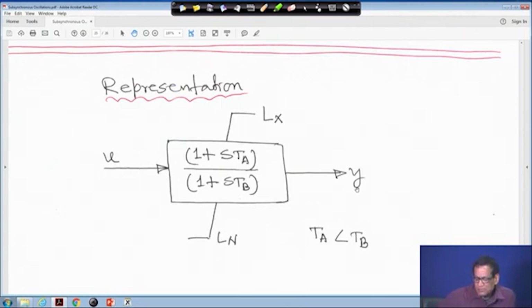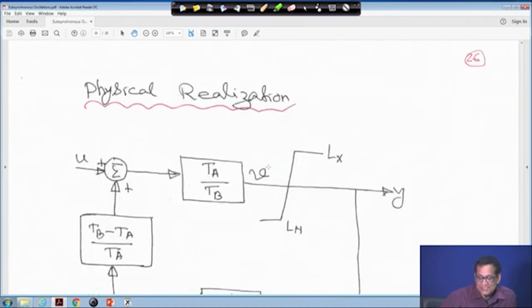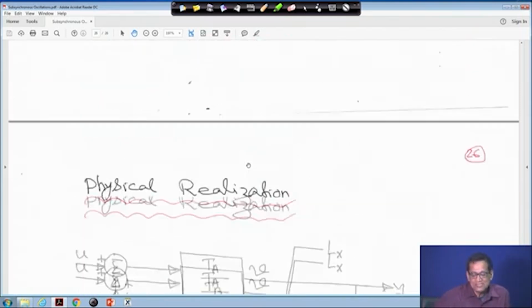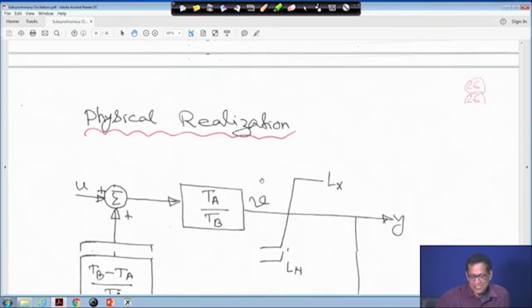Input is u, output is y, and TA is less than TB. This is the representation, and when you realize it electronically, the physical representation will be like this.